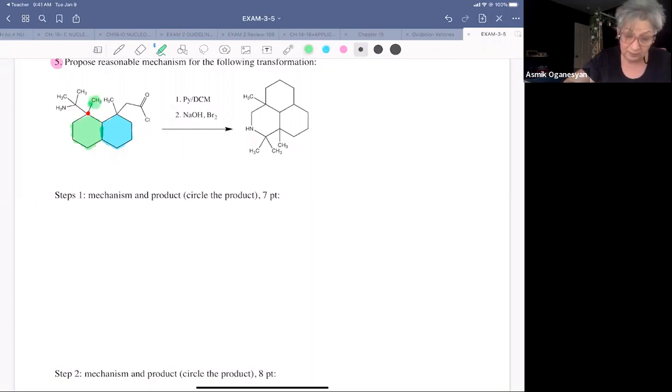And I have a carbon that is carrying an amino group. Okay. On the other blue carbon, 1 carbon away, I have a methyl group.